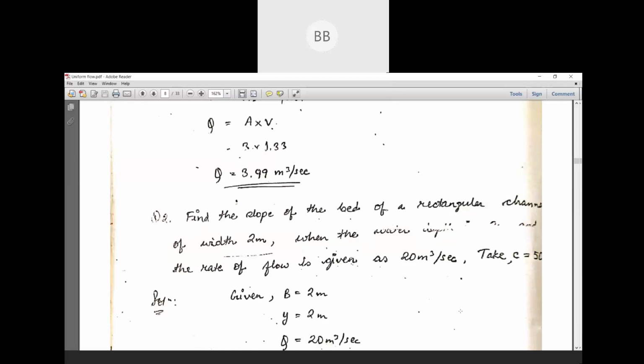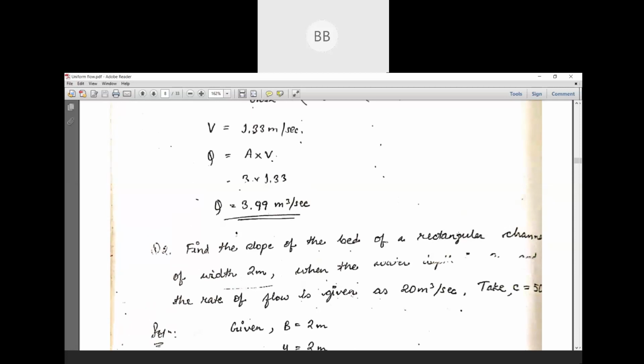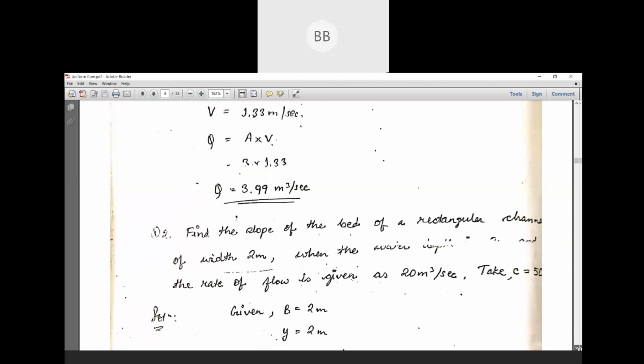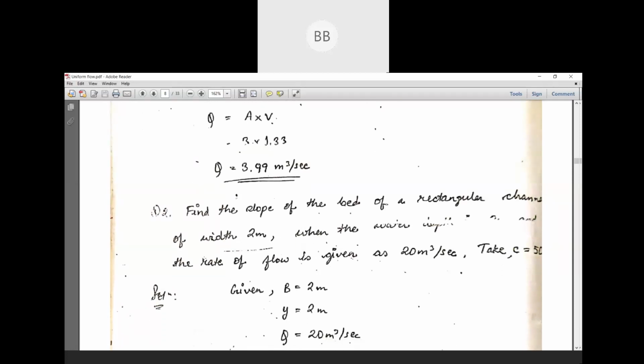So the next numerical is: find the slope of the bed of a rectangular channel of width 2 meter, when the water depth is 2 meter and the rate of flow is given as 20 meter cube per second.